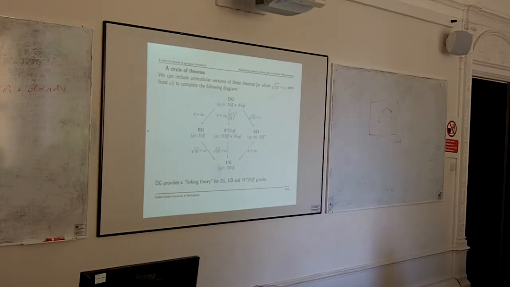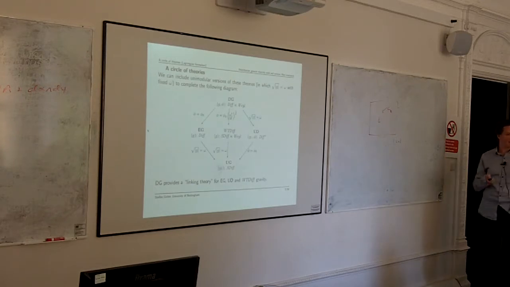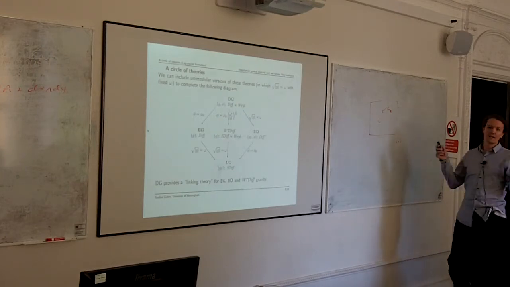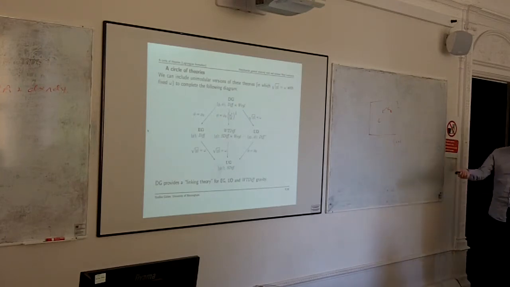And at the end of the day, if you want the smallest possible group of symmetries, you might prefer unimodular gravity. But the preference you have depends on various things associated to the kind of redundancies you would like to have in your description, to the validity of these gauge fixings that typically are not globally viable, and things related to quantization. You might prefer one over the other, and so on and so forth.